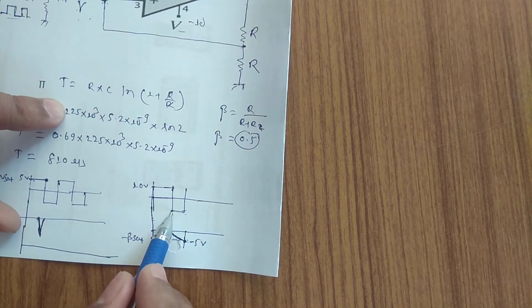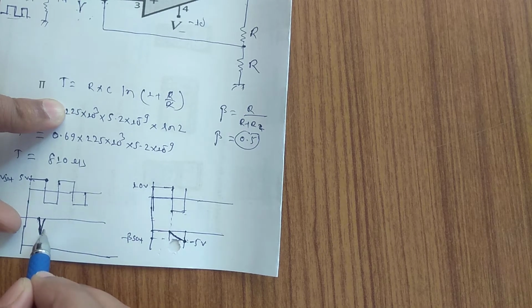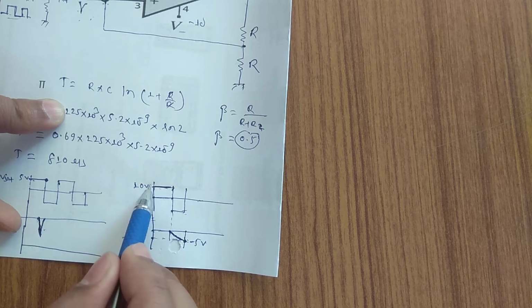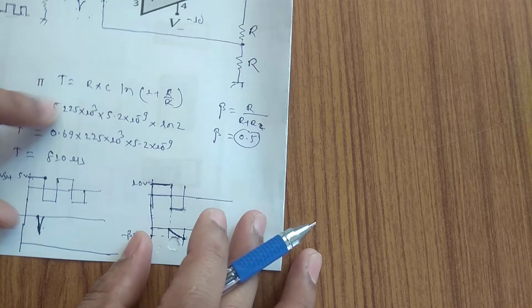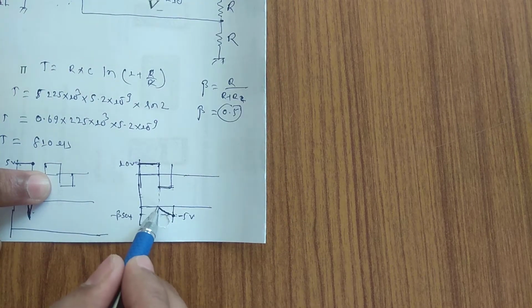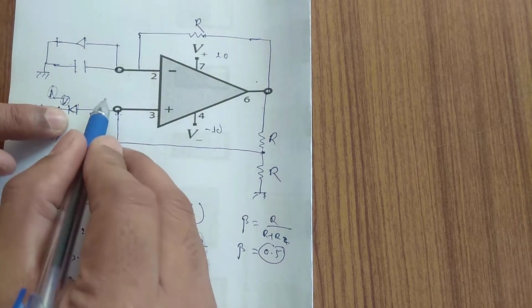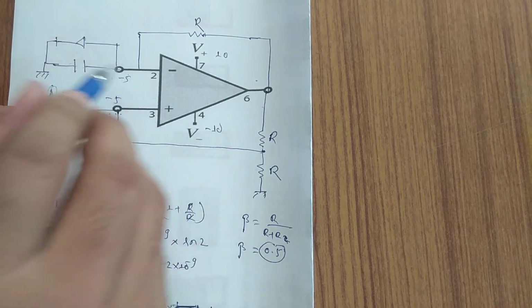At this point this pulse has been applied, and this is going to take the output from positive 10 to minus 10, and within that interval this voltage becomes minus 5 volt. This also becomes minus 5 volt because of virtual ground.